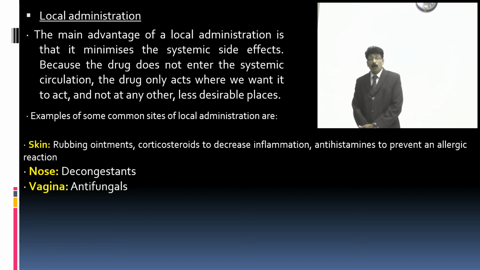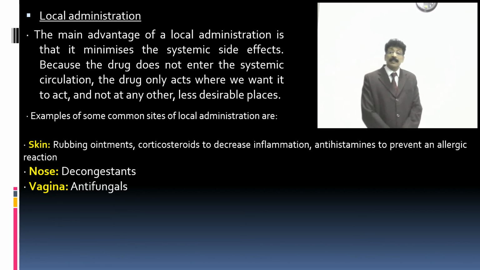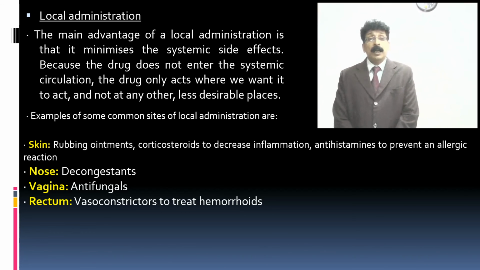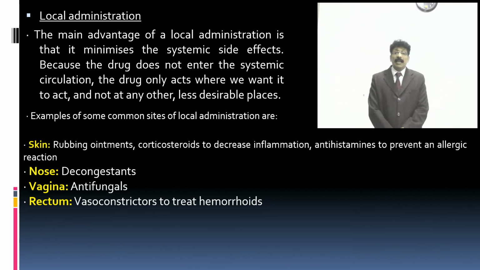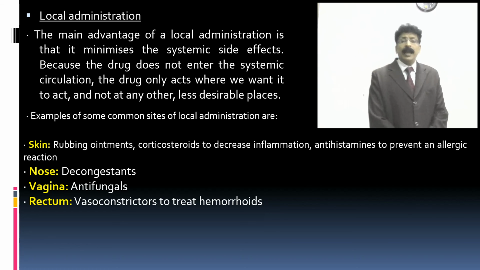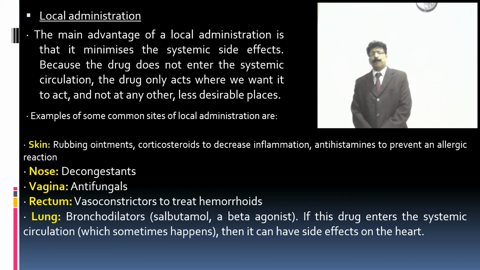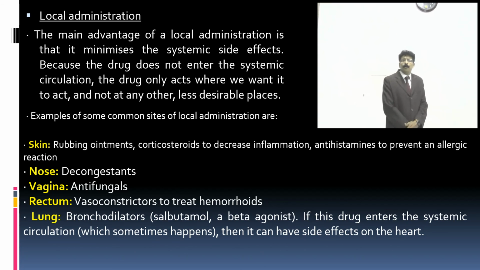Vagina: antifungal tablets or creams applied directly in the vagina. Rectum: vasodilators to reduce hemorrhoids, piles, and fissures in the area, applied directly. Lungs: bronchodilators such as salbutamol, a beta agonist, sprayed directly.